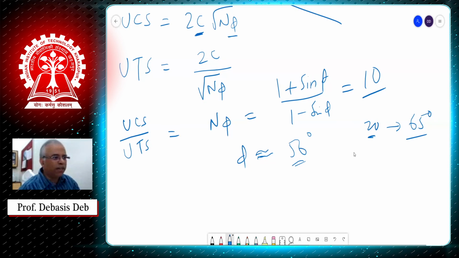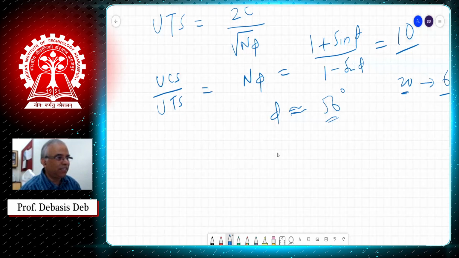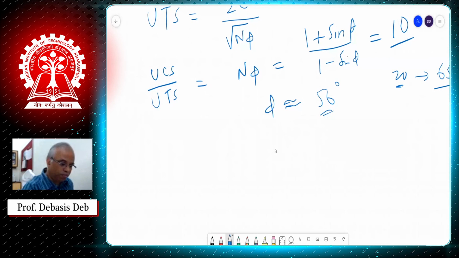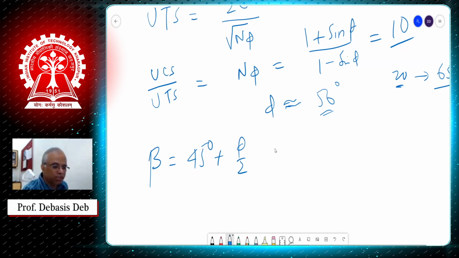Now, what it means is, if I now go to beta, 45 degrees plus phi by 2. If it is, let's say, about 54 degrees, how much is this? 72 approximately, if we take phi equal to 54.